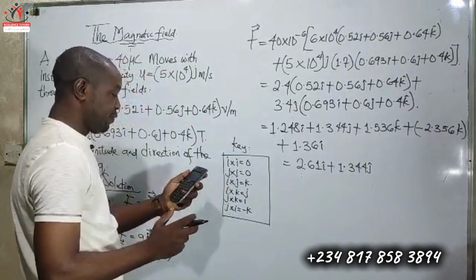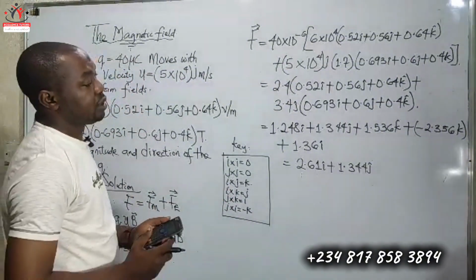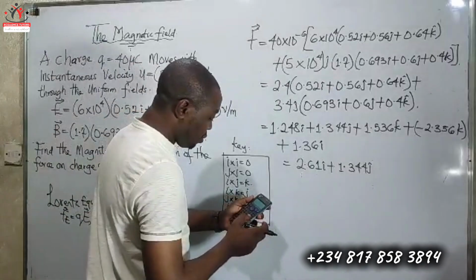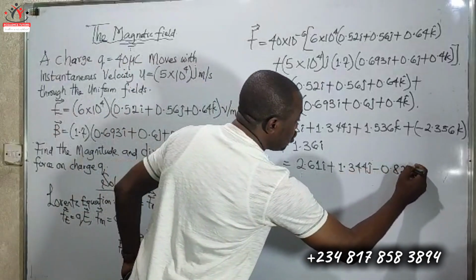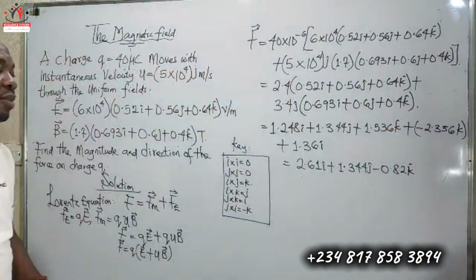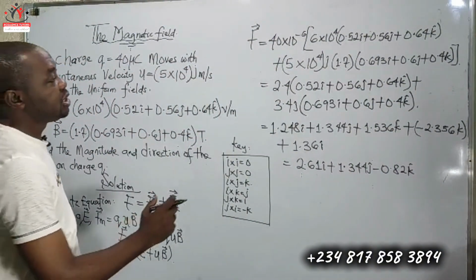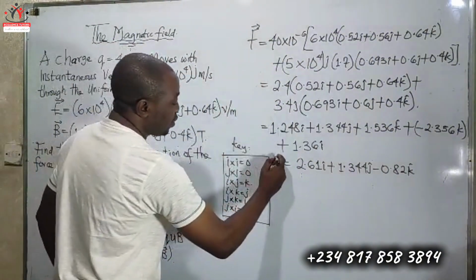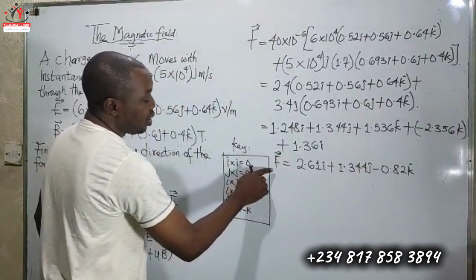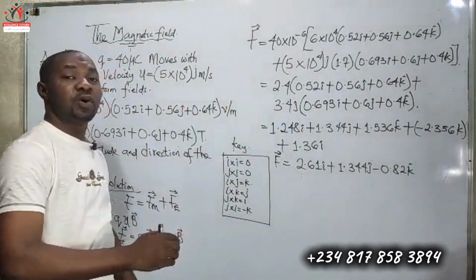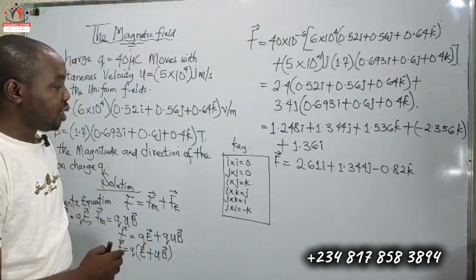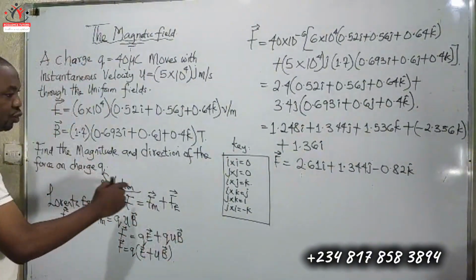That will be negative 0.82k, minus 0.82k. So this is the resultant vector. I said it is called the vector force. Now we want to obtain the magnitude of the force.